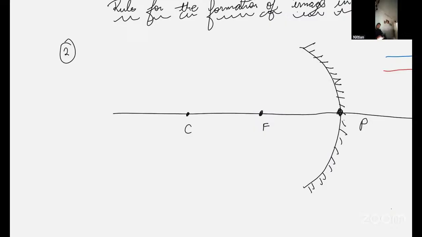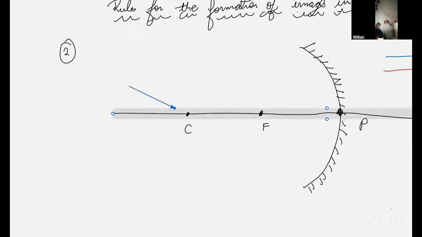Okay? So the second rule. If a line goes through focus, after reflection, it will go parallel to the principal axis in a concave mirror. Okay, now the third law.